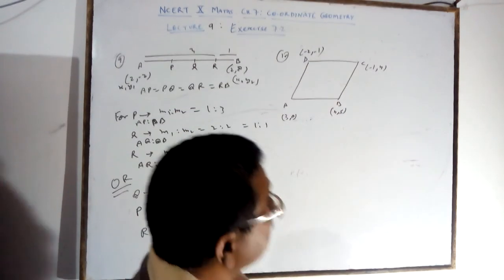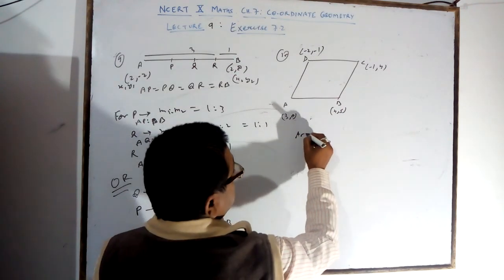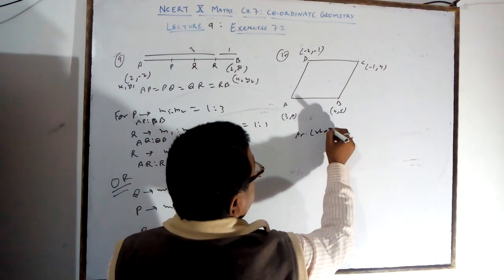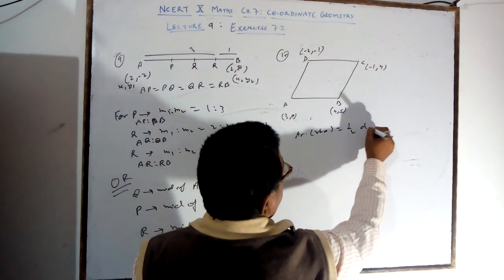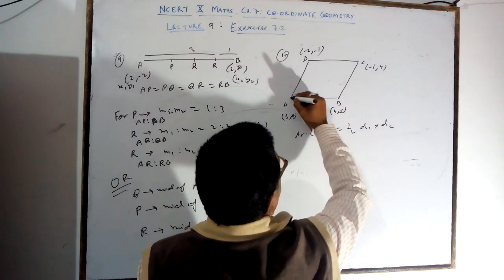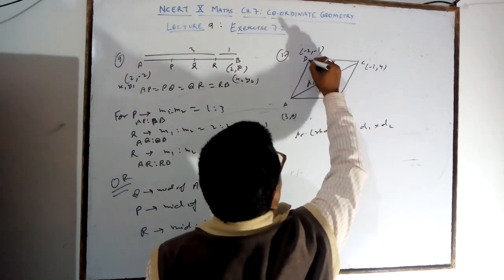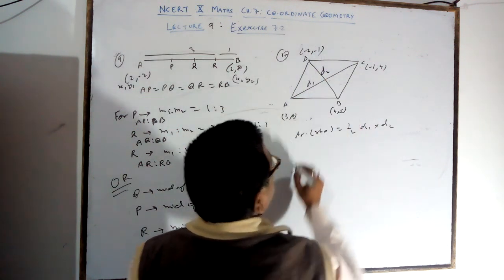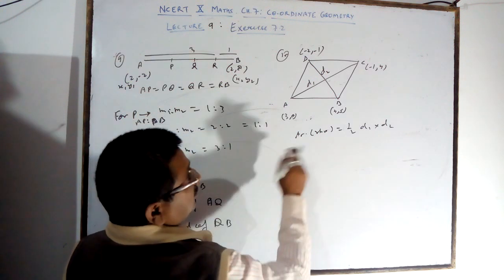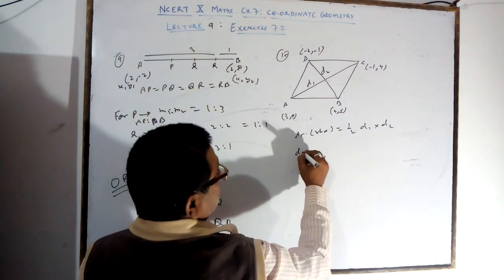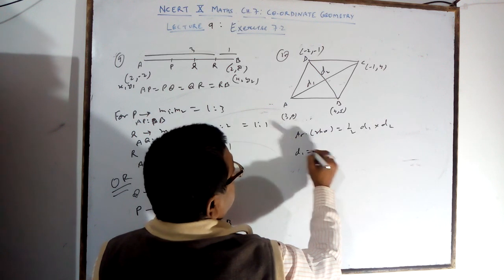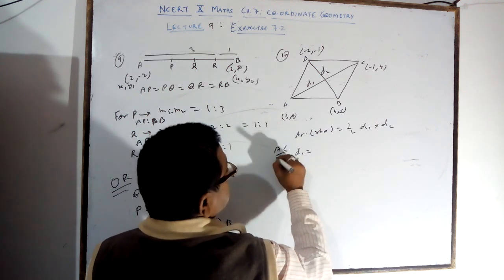We know the area of a rhombus is equal to half d1 into d2. d1 is equal to AC. How will you calculate it?